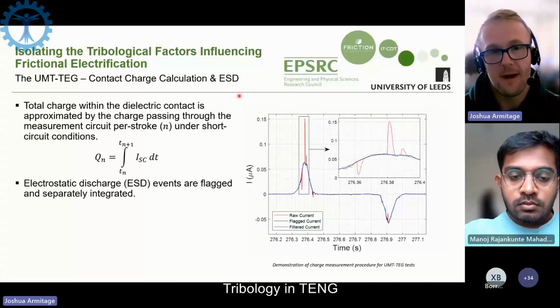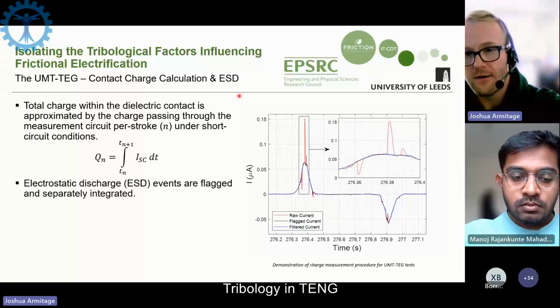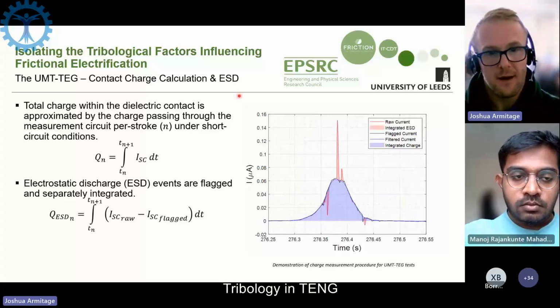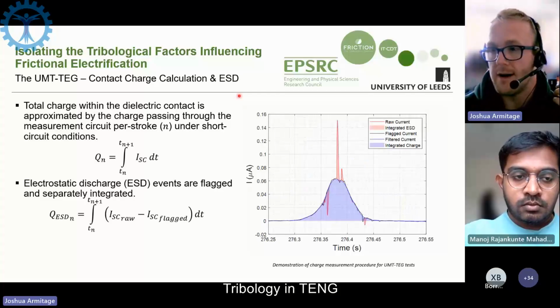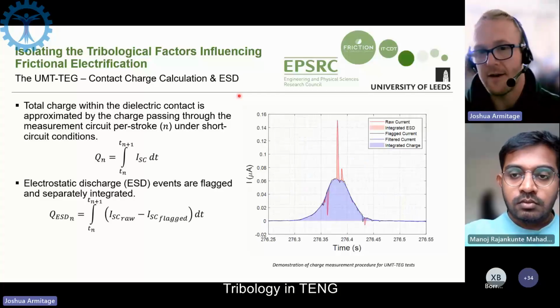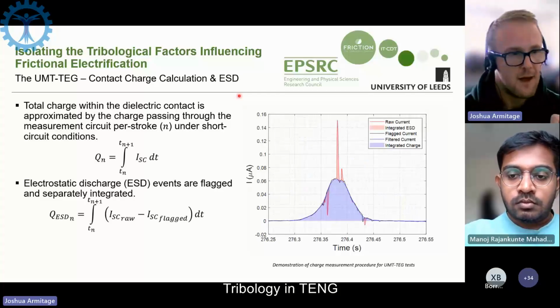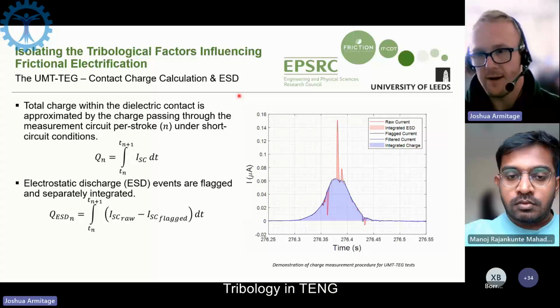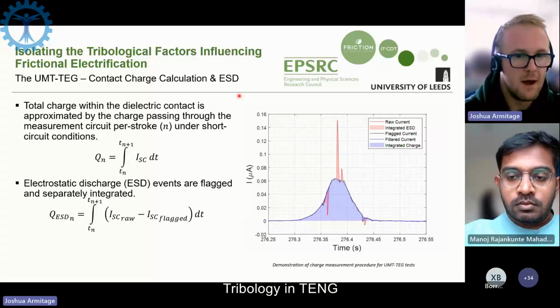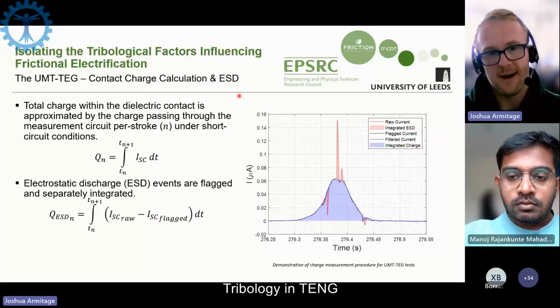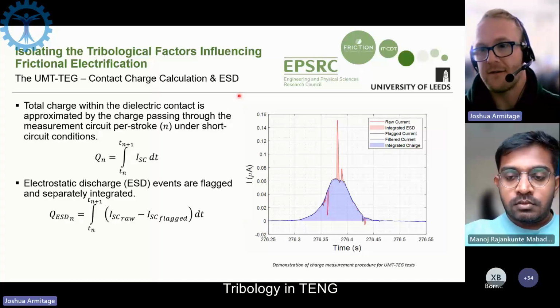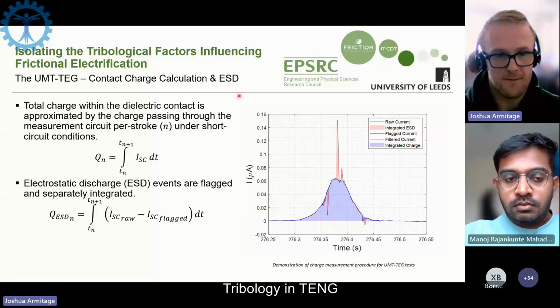We also do this for these tiny events. So what we do is we integrate under every individual, we call it an ESD event, every abrupt movement of charge, and then we separate that from the underlying data. And what we get there is a value of charge that is electrostatically discharged for every stroke.